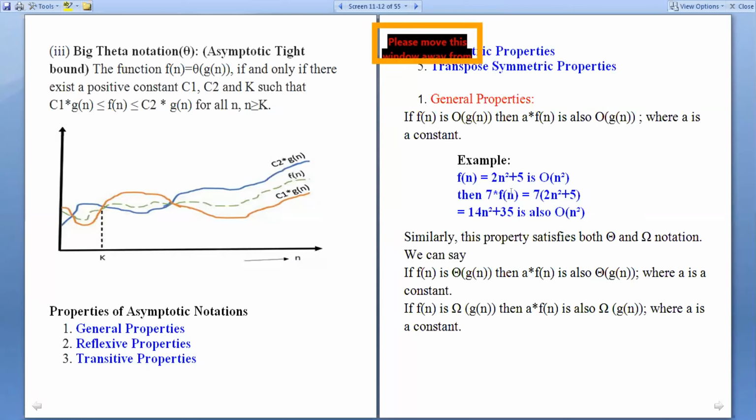Then 7 times f of n is 14n square plus 35, which is also big O of n square.